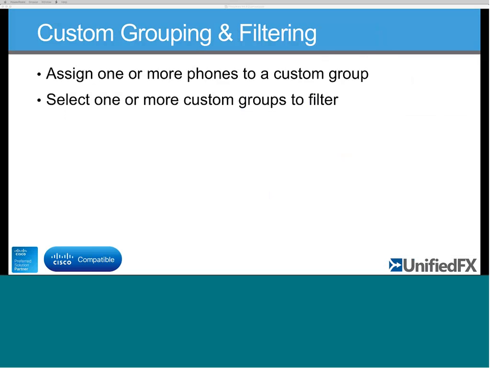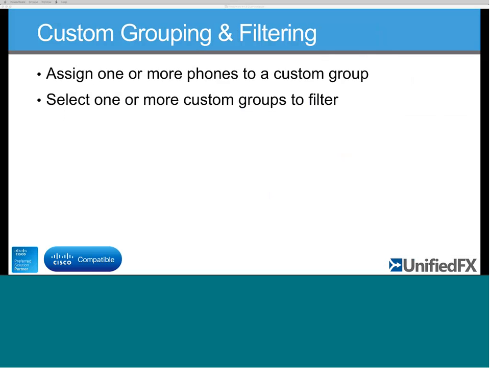But the key thing is, this is one of our most requested features over the years, but it's been a little bit complicated to implement, so hence why we've not put it in sooner. But we've now come up with a relatively simple way to implement it and use it. Effectively, what this means is you can select one or more devices within PhoneView and assign those devices to a group of your own naming.